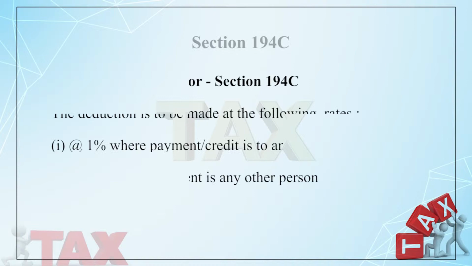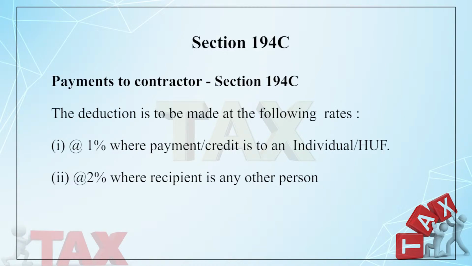Once the return is uploaded, the tax deducted from one particular contractor shall be shown in his account as a tax deposited in advance by me. That's called 194C.